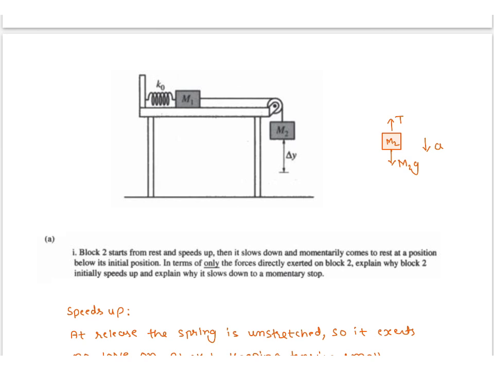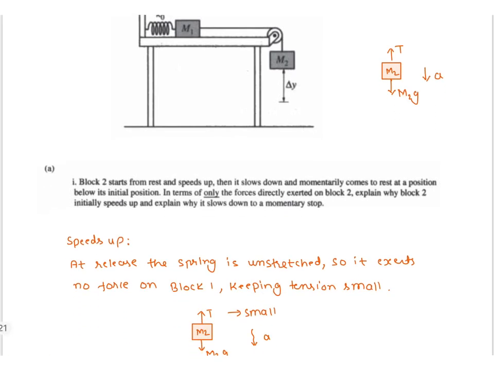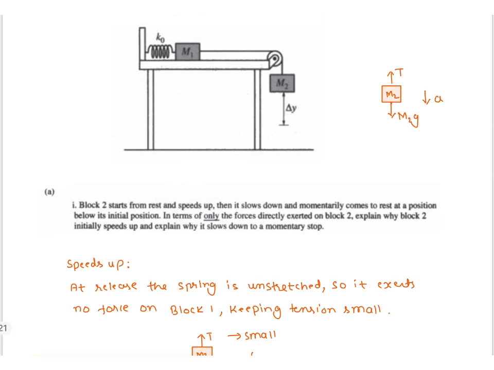So you have to state that in the direction of net force, there is acceleration. So this block is accelerated in downward direction. So its velocity should increase. So we have answered why its velocity increases. But when it moves down, there is elongation in the spring.